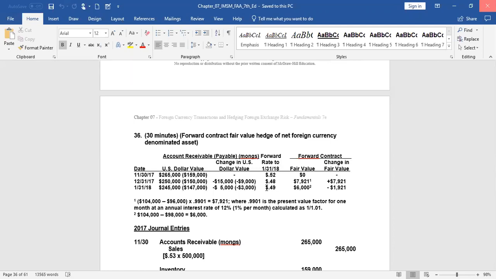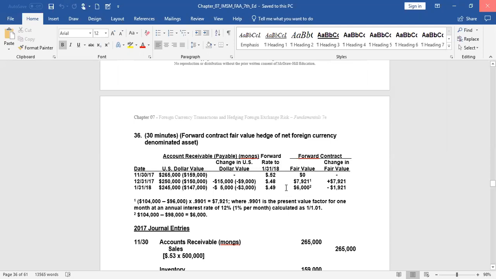We signed it back on November 30th, and our conversion rate is 0.52, 3 cent difference. So 3 cents times 200,000 mongs, that gives this contract a $6,000 value.